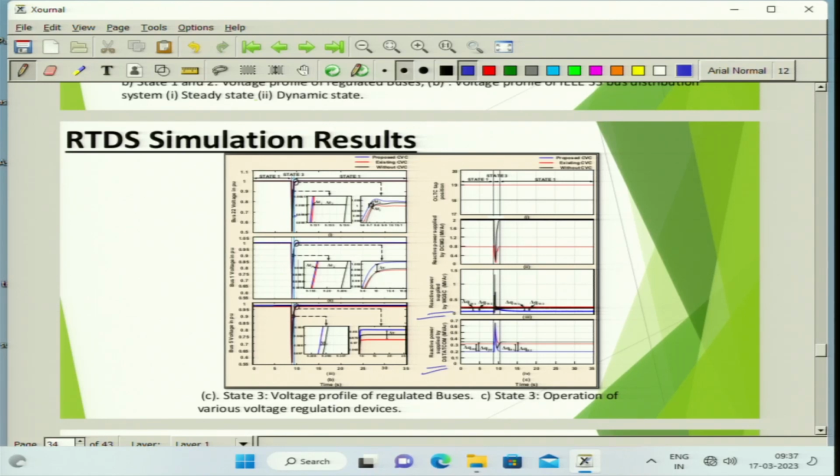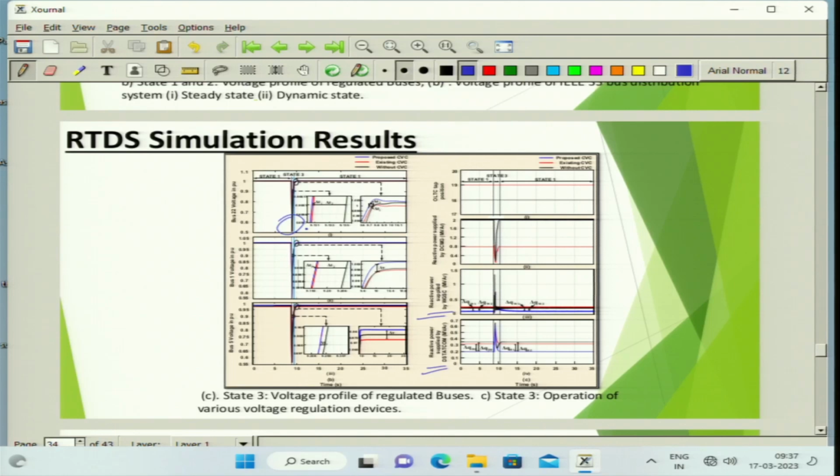So, that additional reactive power will help to reduce the post fault voltage recovery time. That means once the fault is cleared, the system would bring the voltage back to 0.9 per unit. The fast acting converters are also supporting by injecting additional reactive power, but in the case of the proposed scheme it is even better compared to without and existing. So, we can reach 0.9 per unit from the fallen voltage of up to 0.5 per unit quicker compared to the existing and without.